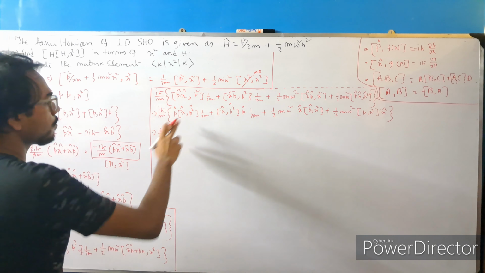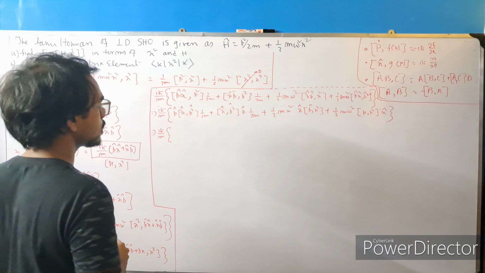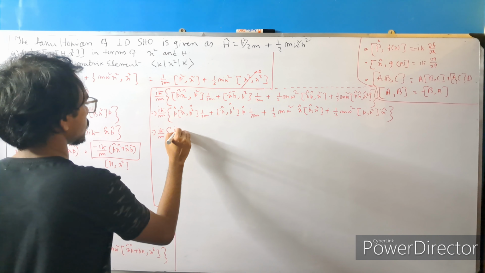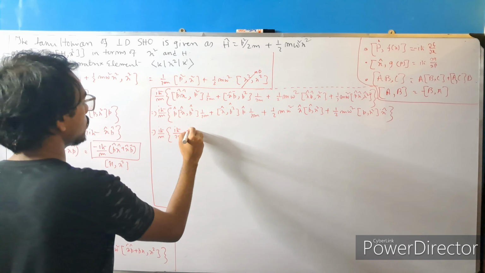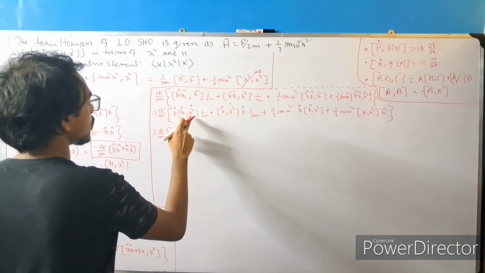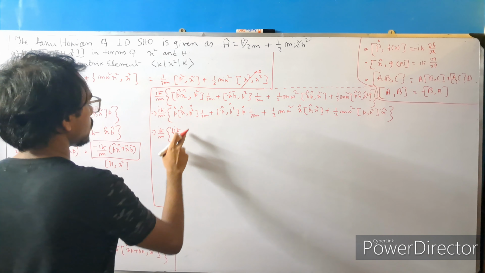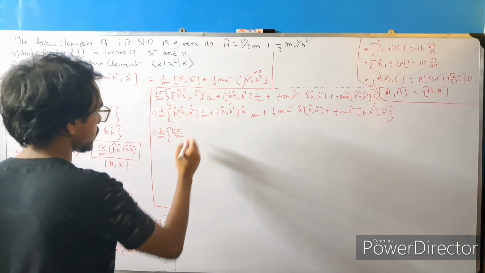Okay, now xp square will give me just i h cut times p. So i h cut by 2m into, there will be a 2 also, 2 i h cut by 2m into p will give me just p squared.